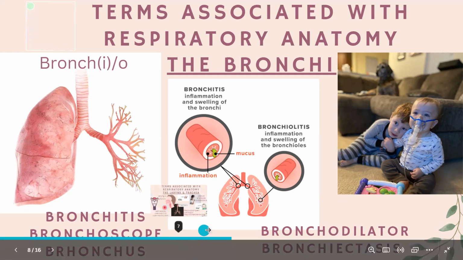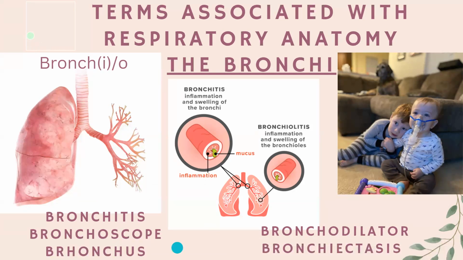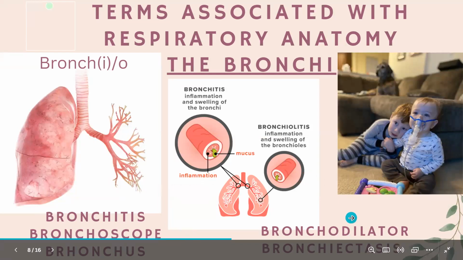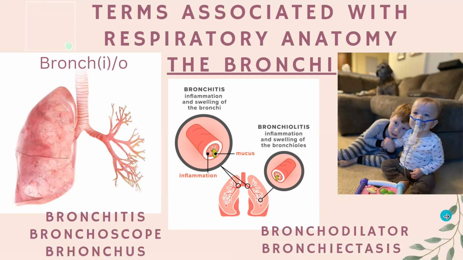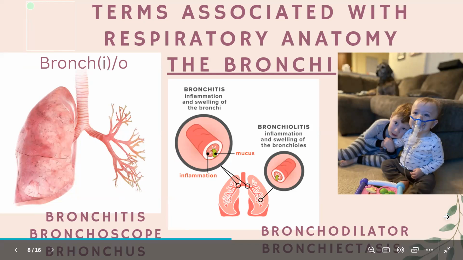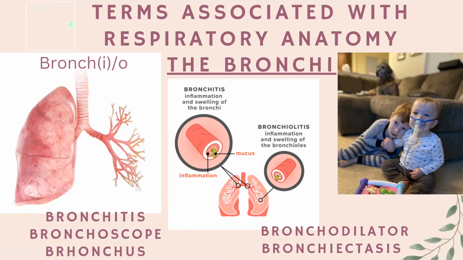Bronchoscope, just like the laryngoscope, is an instrument that we can use to view the bronchus. A bronchodilator, we see the kid here getting a nebulizer treatment. For people with asthma or CF, which is cystic fibrosis, or some other diseases that affect the lungs, it's very common to be on a medication that is a bronchodilator. So think about it for a second.